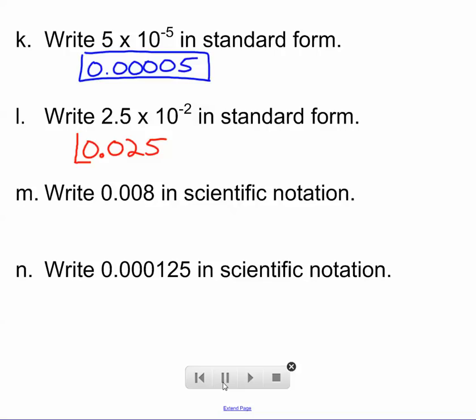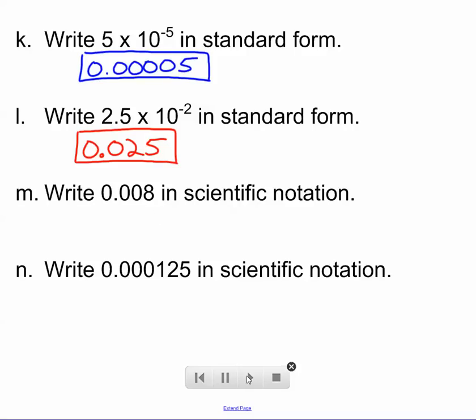And that's it written in standard notation. Because the decimal place needs to move. It was here. Now it's 1, 2 places to the left. So let's write these numbers that are written in standard notation in scientific notation. 0.008.